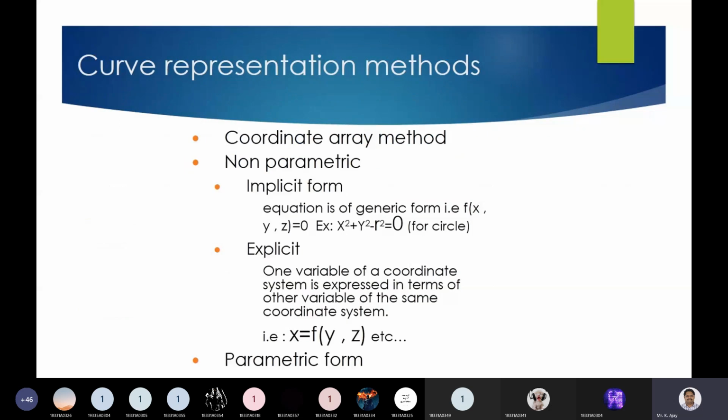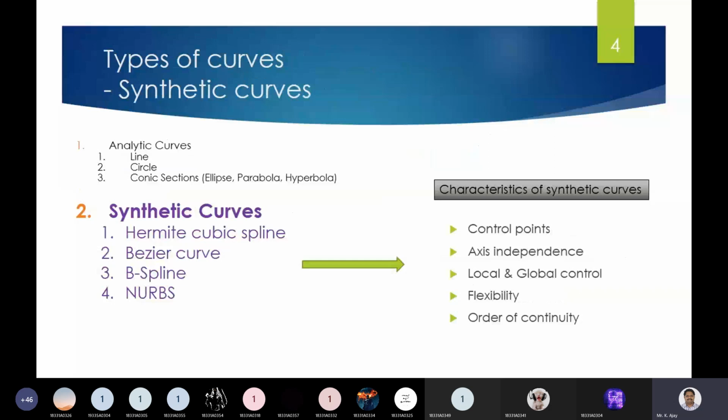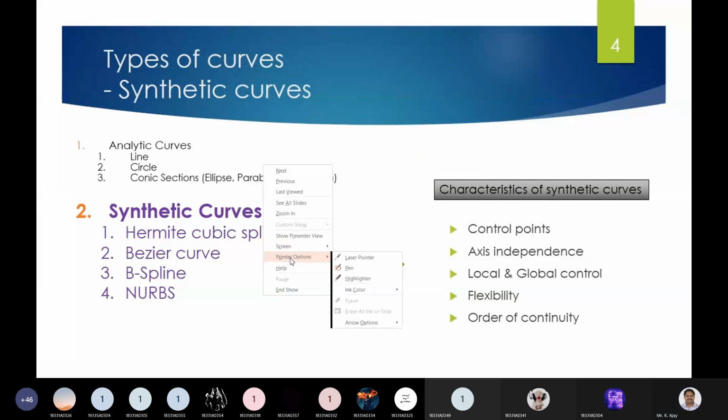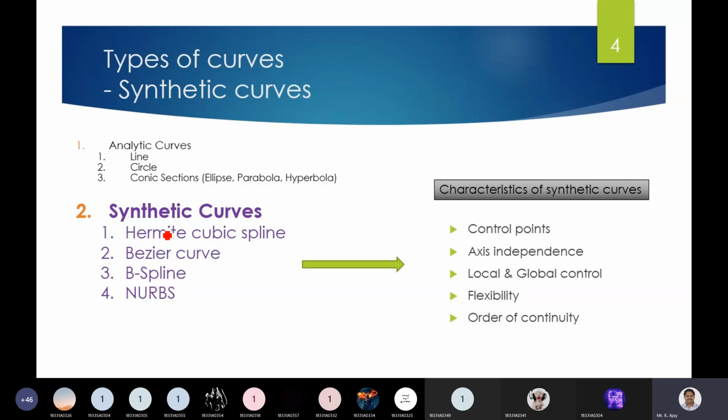Okay, and all these things are already discussed, right? So I'm just moving forward as I told you before. There are four varieties of synthetic curves. If someone asks you to talk about synthetic curves, you can talk about the first one, the Hermite cubic spline, then Bezier curve, B-spline, and NURBS.